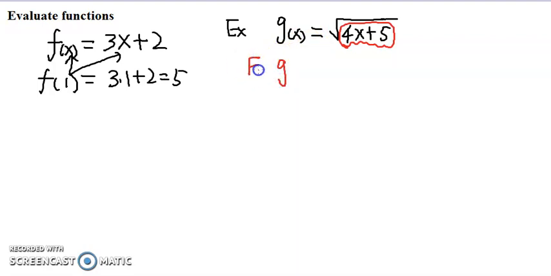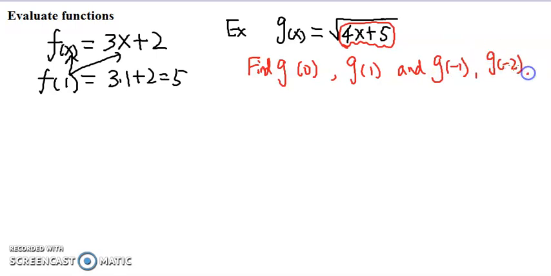Let's say we want to find some values: g of 0, g of 1, g of -1, and let's try g of -2. Now make sure you remember that g of x is just a symbol to represent a function.